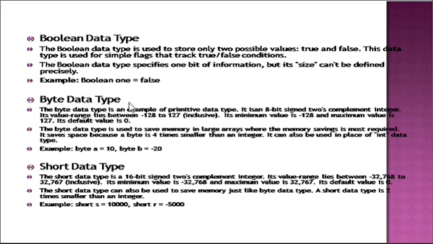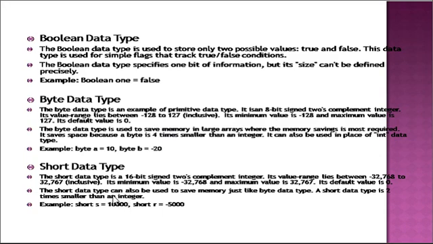Basically, the byte data type holds 8 bits for a single data value. The range of the byte data type is -128 to +127, that is, minus 2 to the power 8 minus 1. This is the range.